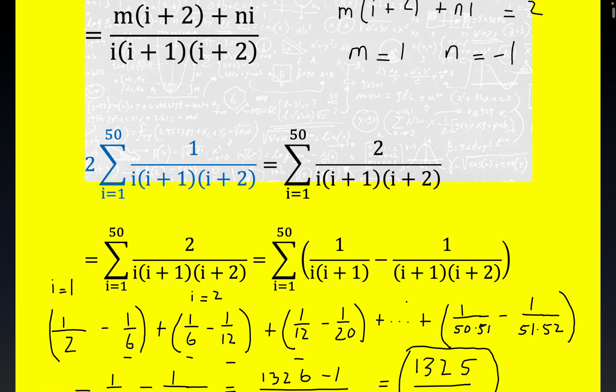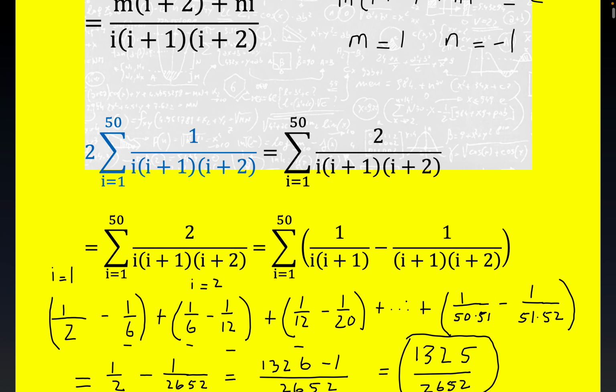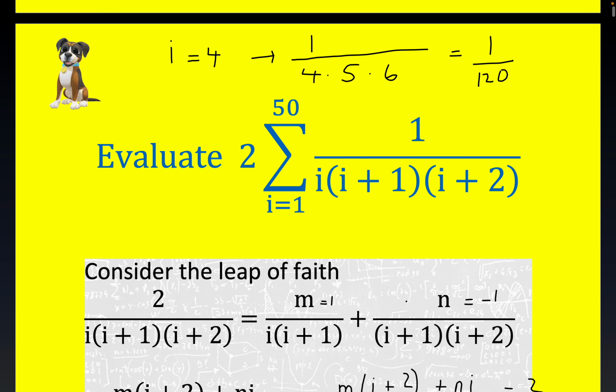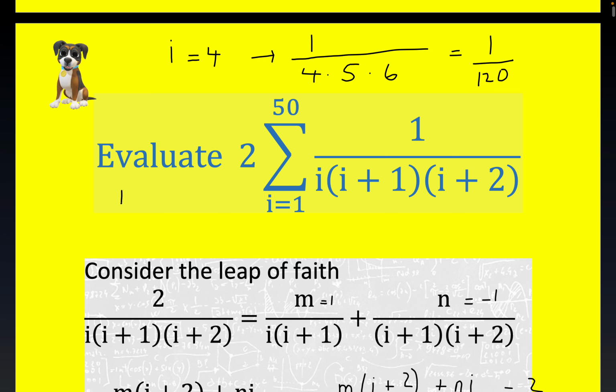All right, so let's come back up here. 1325 over 2652. This is equal to 1325 divided by 2652. And again, I'm not particularly proud of this because the first step is not super well motivated.